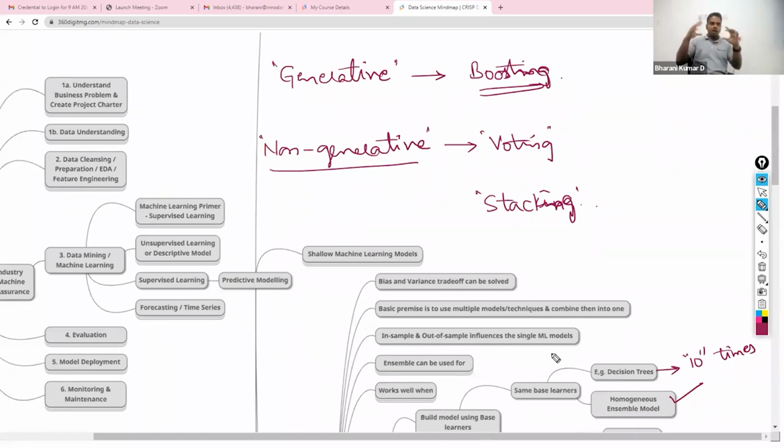Second time when you split the data into training and test, how you split depends on the first algorithm's results. So when there is dependency of one algorithm on another, it is called generative. From one, you're generating the second algorithm. From the second, you're generating the third algorithm. From the third, you're generating the fourth algorithm.